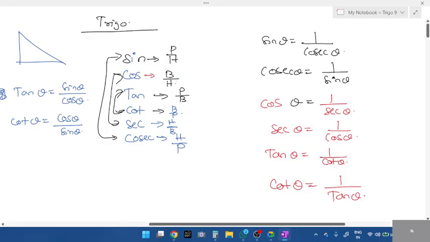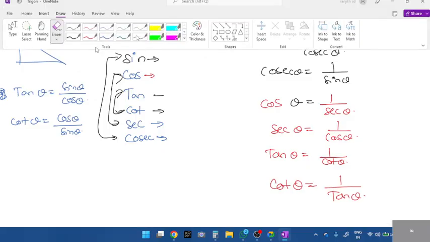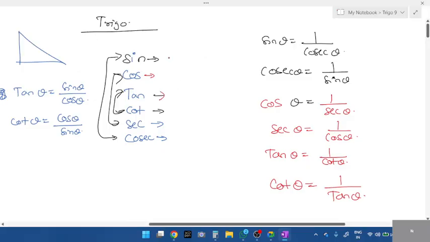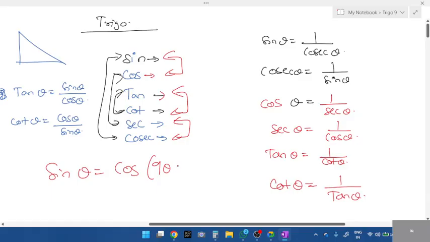Yes, make a note. And for the right hand side, which relation do we follow? Remember, I told you, very good, complementary. For complementary, sin theta is equal to cos of 90 minus theta. Same thing, if it is cos theta, it is sin 90 minus theta.